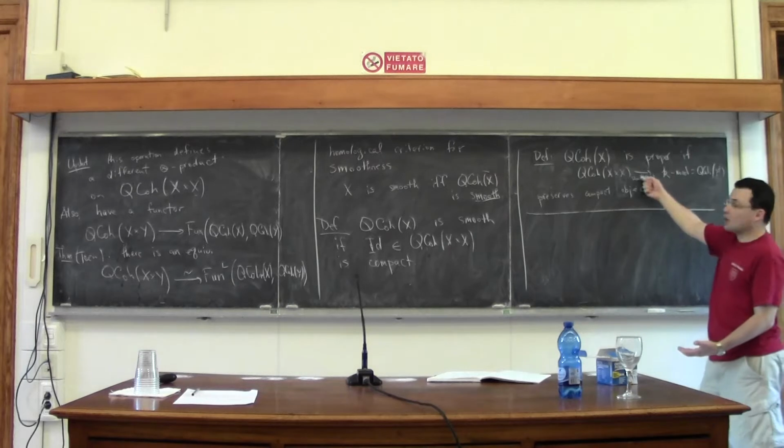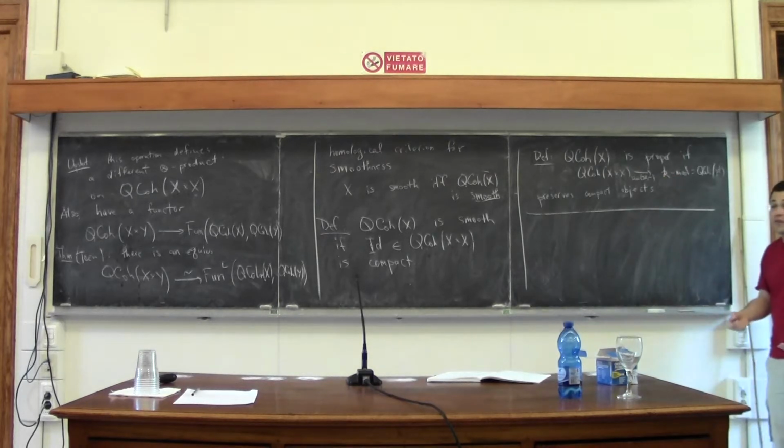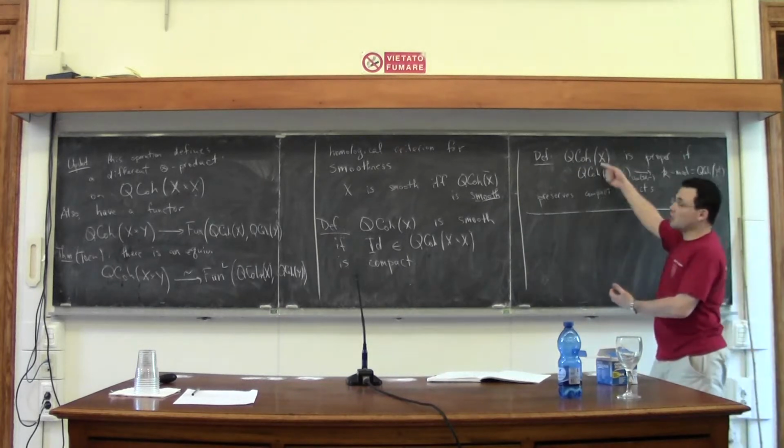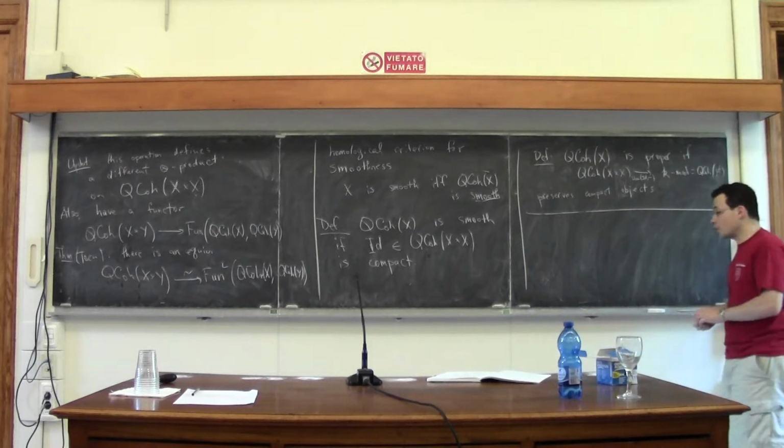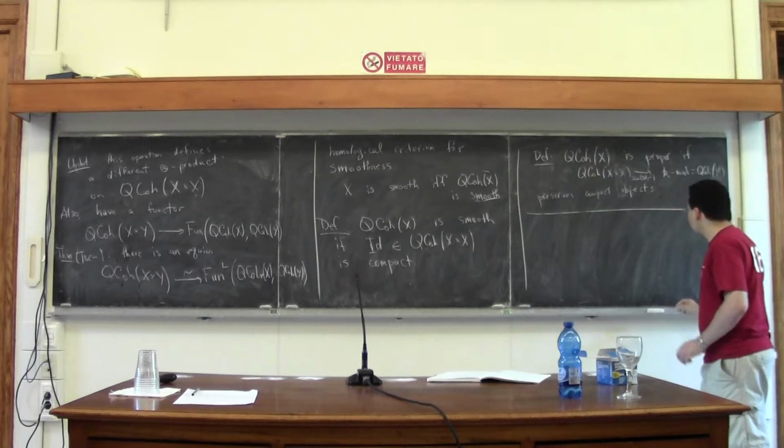So this is some approximation to this. If I'm not mistaken, at least when X is smooth, this implies finiteness of cohomology. But that's the sort of thing you're trying to capture in a way intrinsic to the category. That's sort of the idea.